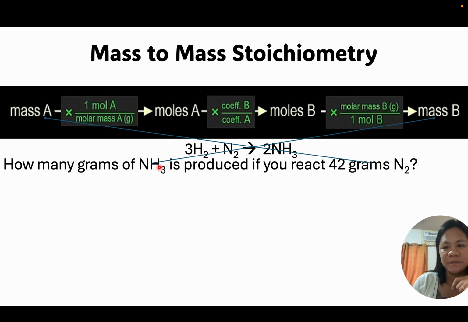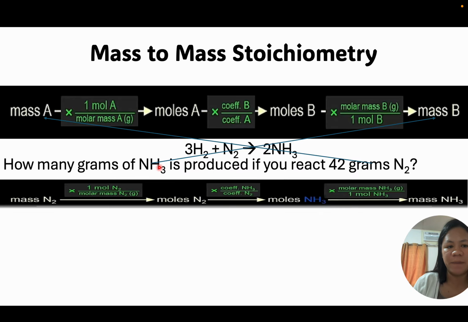Okay? So since we already identified what we are looking for, we can use this problem to show kung ano yung need natin hanapin.